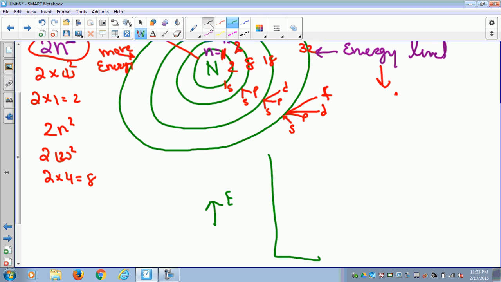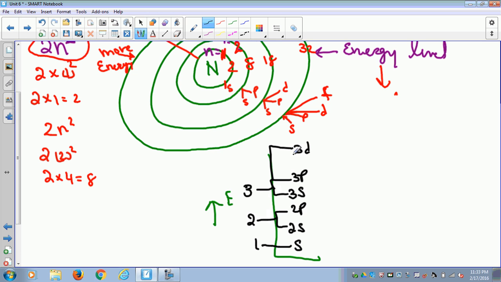Energy level 1 has only sublevel 1s. Energy level 2 has 2s and 2p, so it's divided into 2 sublevels. Energy level 3 is divided into 3s, 3p, and 3d. Energy level 4 has 4s, 4p, 4d, and 4f. So this is how it is divided.